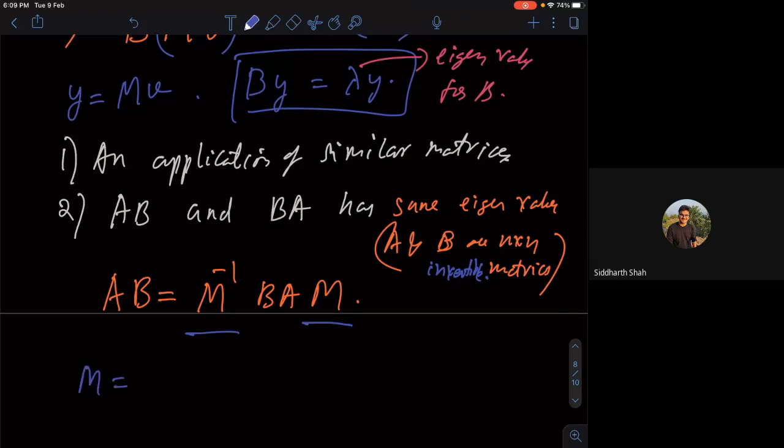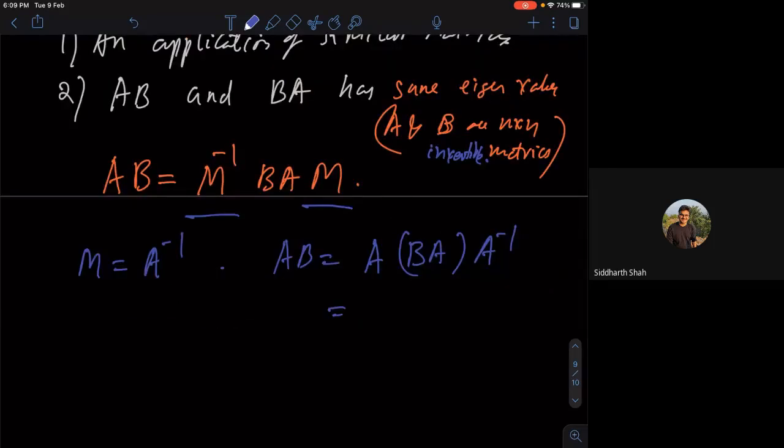If we have that, take M to be, as you said, A inverse. In that case, what do we get? AB is the same as, what is M inverse? M inverse is A, so A times BA times A inverse, which is the same as AB, right?